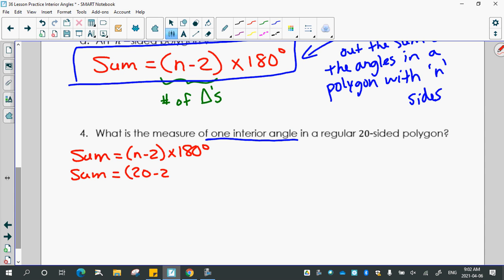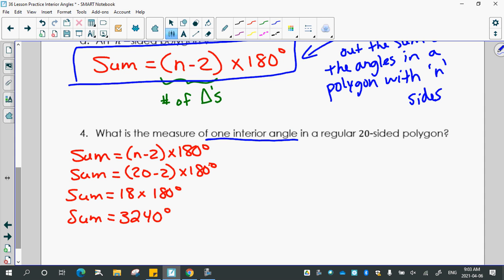Some people just went straight to 18 times 180 because they know that pattern, which is also fine. So that gives you 3,240 degrees. So that gets me to the sum.